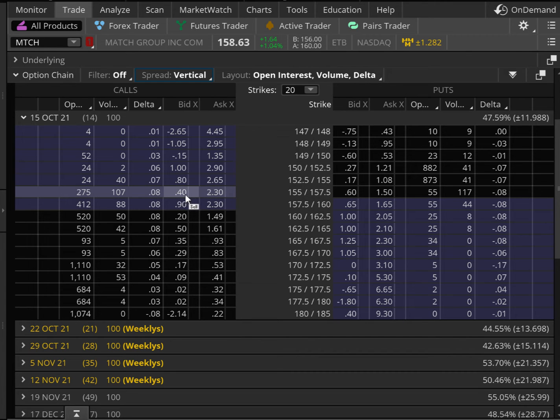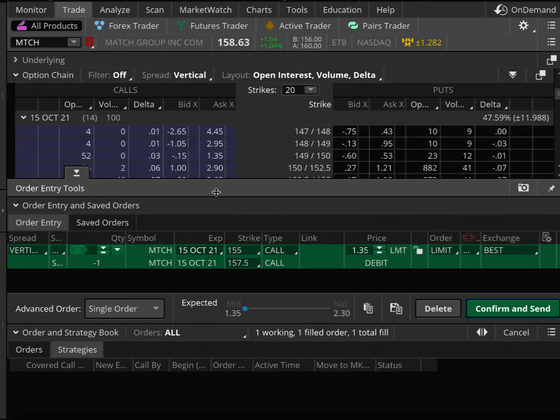So for example, here I might buy this 155 debit spread. There's the 155 here, but instead of paying $700, I'm paying $135. Now the risk here, or I guess not the risk, the limitation, is that my profit potential is limited by the short strike. This one is the short one, it's being sold.